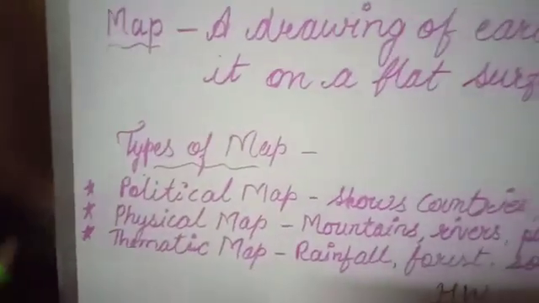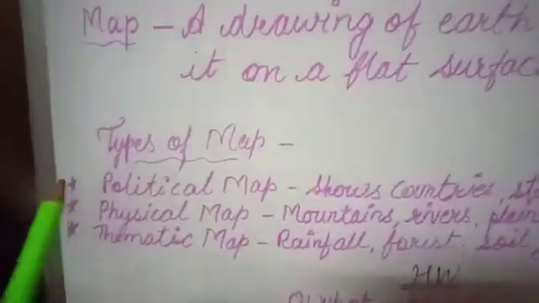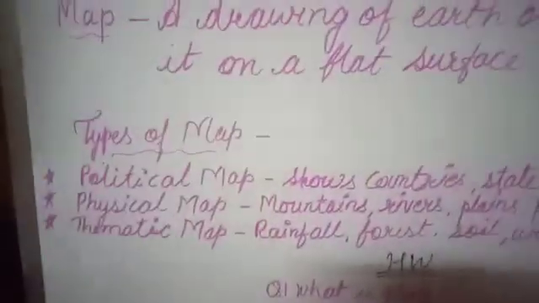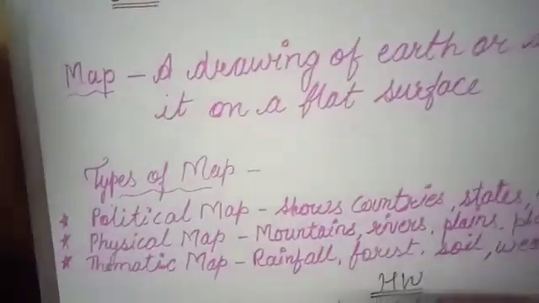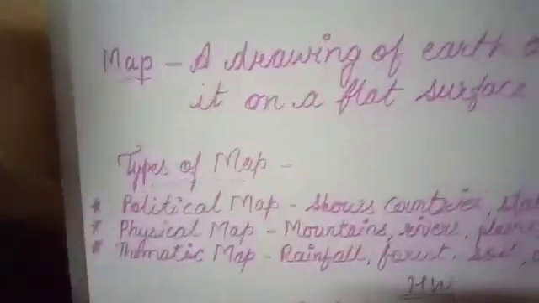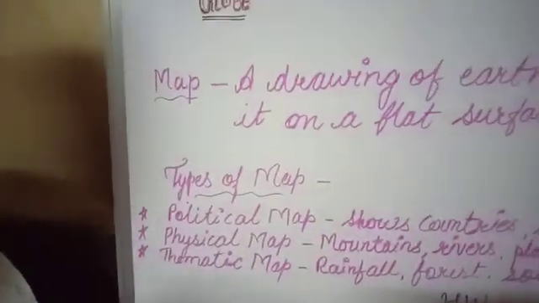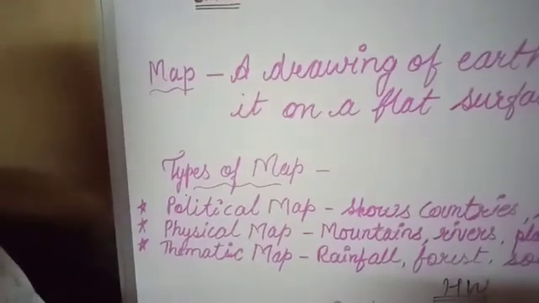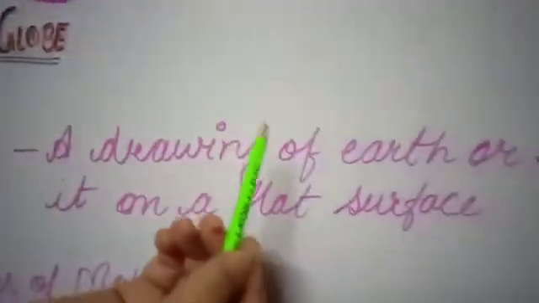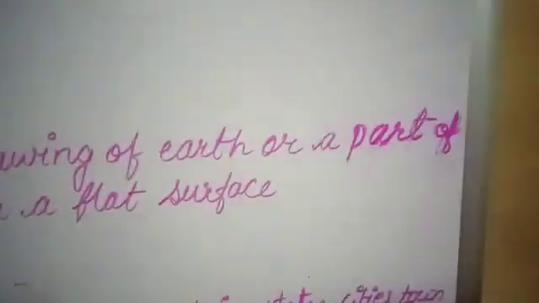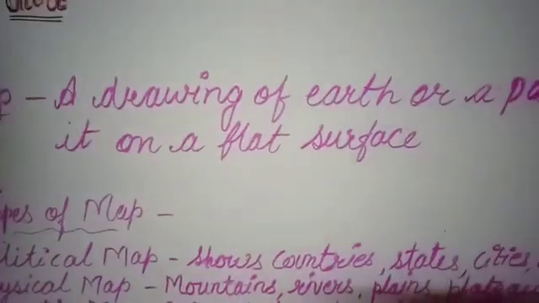Now, I want to remind you that when your father searches for any city or distance between the cities, he uses Google Map on your mobile. Do you remember this? Yes, that is a map. A map is a drawing of the earth or a part of it on a flat surface.